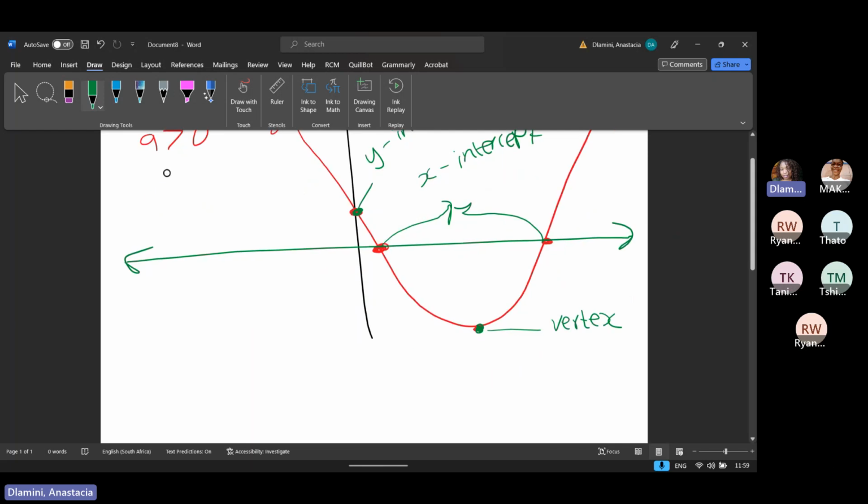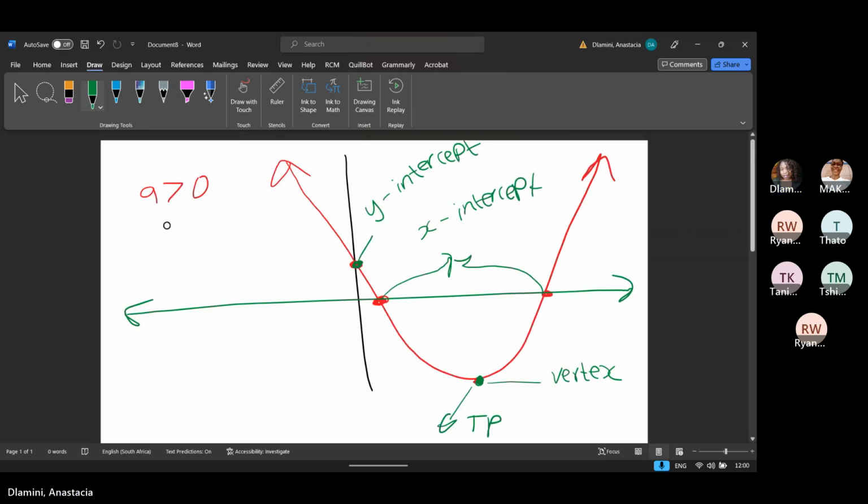For example, if I say find the maximum value of y equals ax squared plus bx plus c, then you know that you're actually finding what point. You can also call it the turning point, in this case, the TP. Let's call it TP.